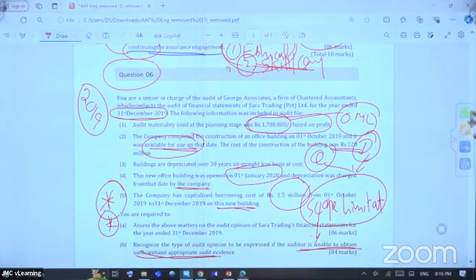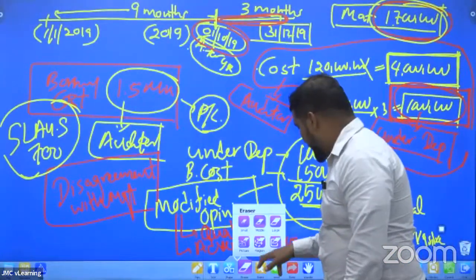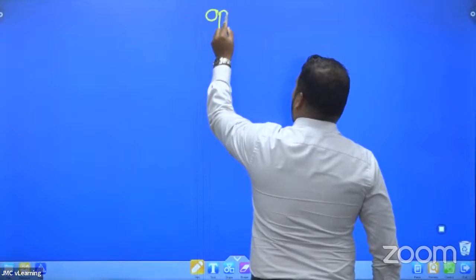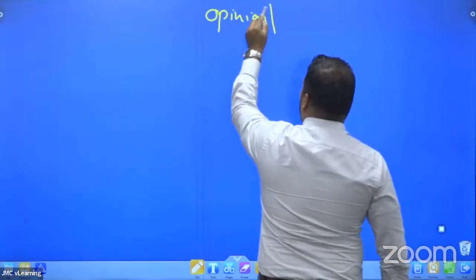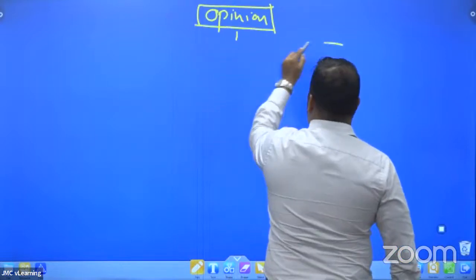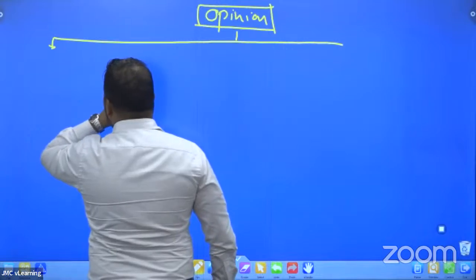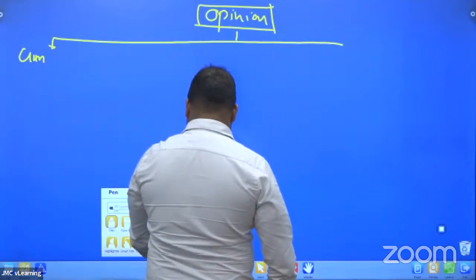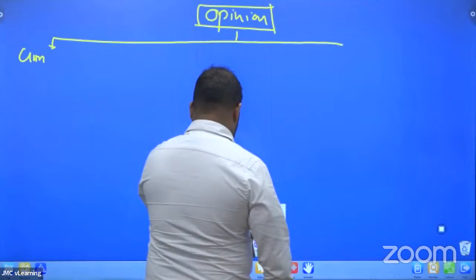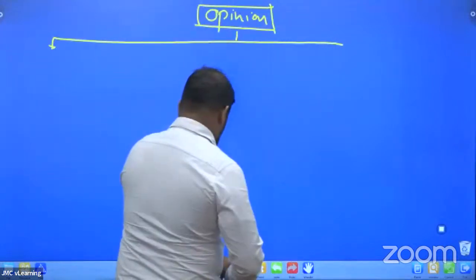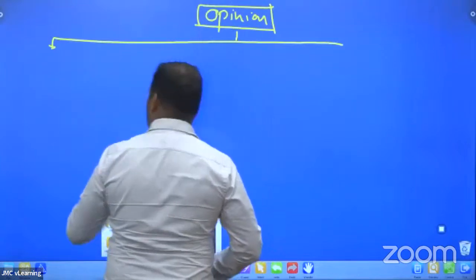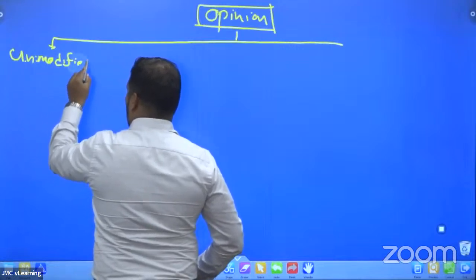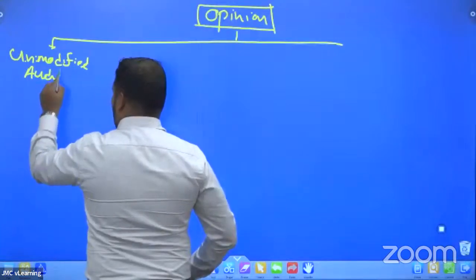Clear? In order to summarize this, I'll give you a chart. From an opinion perspective, there are two types of opinions. Number one, unmodified audit opinion.